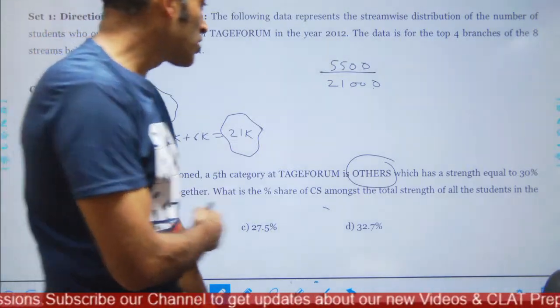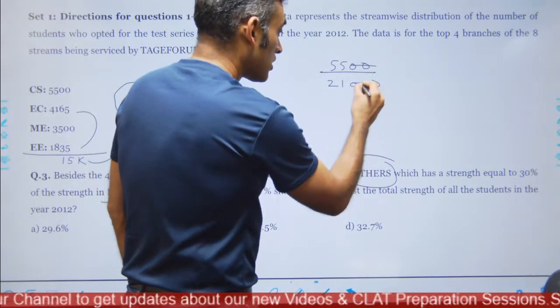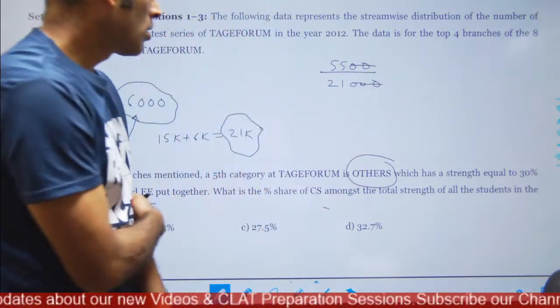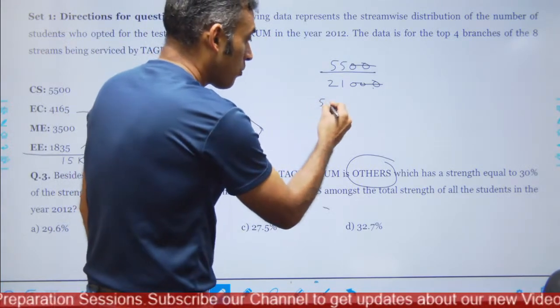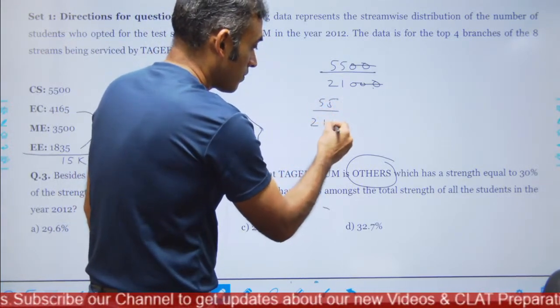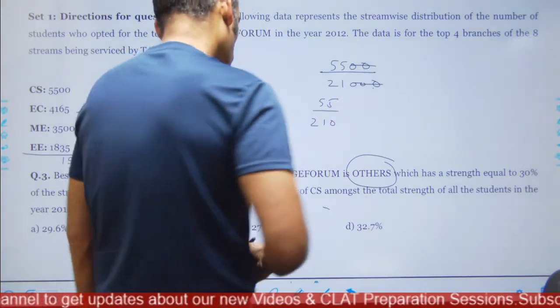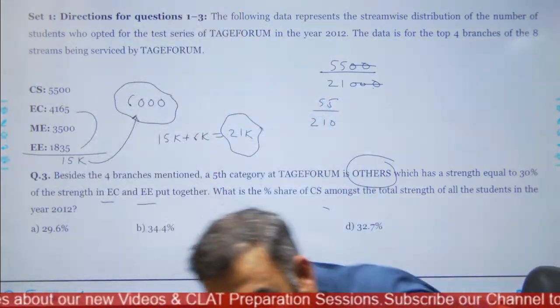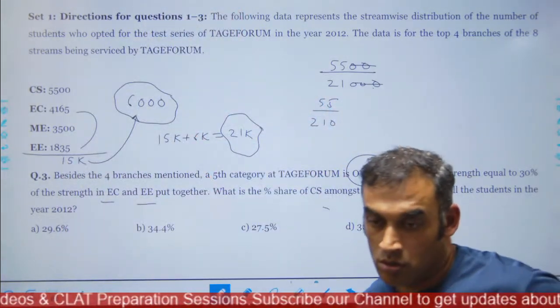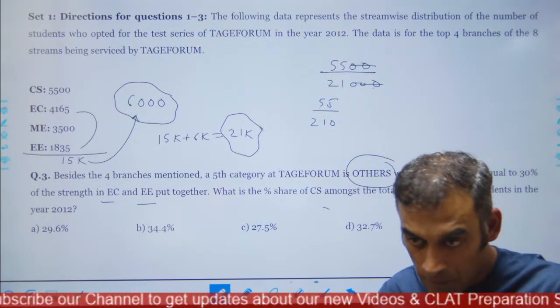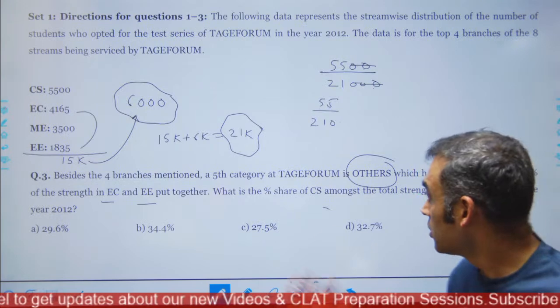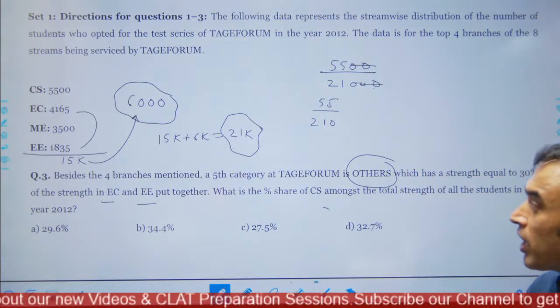So this is the calculation that we are supposed to be doing. Now we have 55 upon 210. Just calculate now what value you will get.